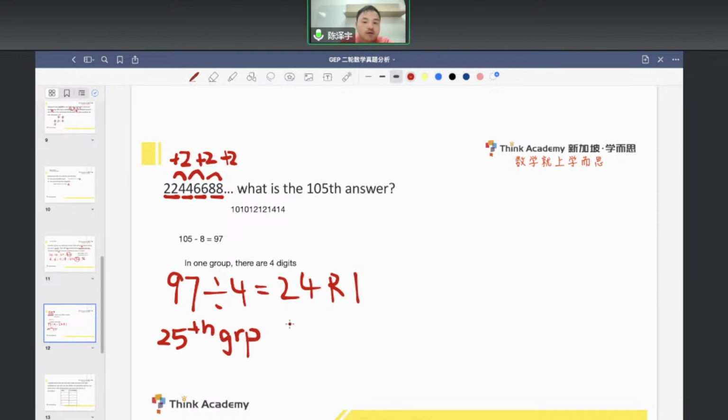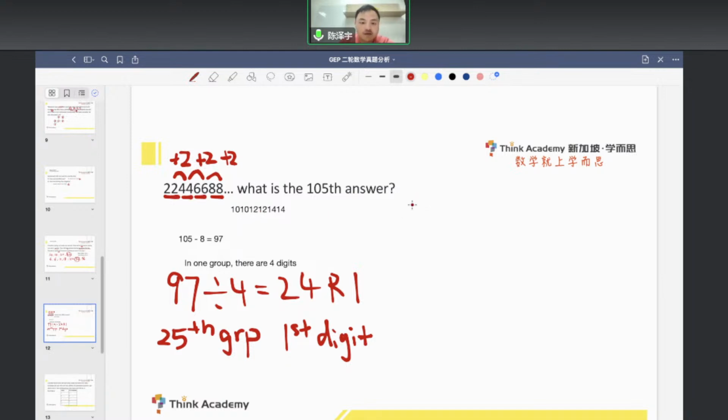25th group, first digit, right? So in order to find the first digit of the 25th group, let's go back to the numbering again. We know that there are 2 digits, 2 digits, 2 digits.